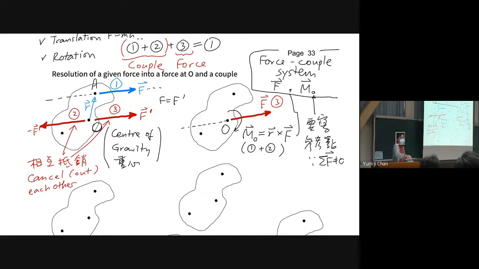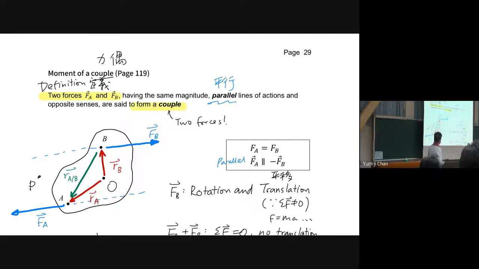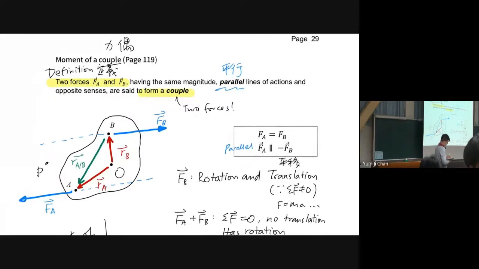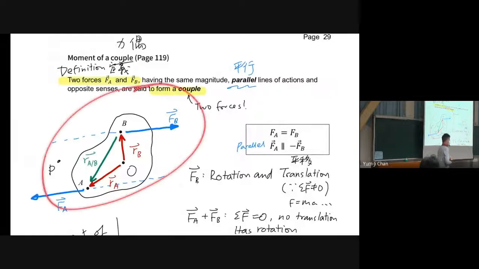Okay, let's have a quick look at the difference between couple and force couple system. Remember, for couples, the resultant force, the summation of all forces on the rigid body, is equal to 0.